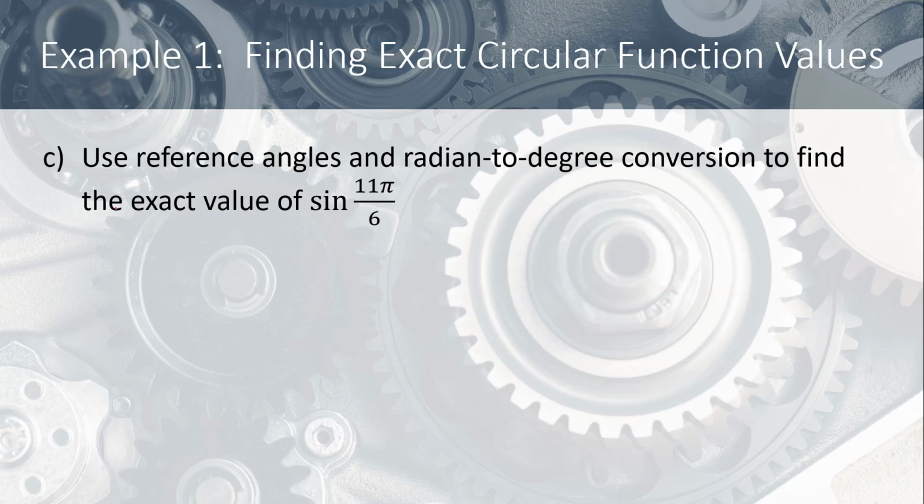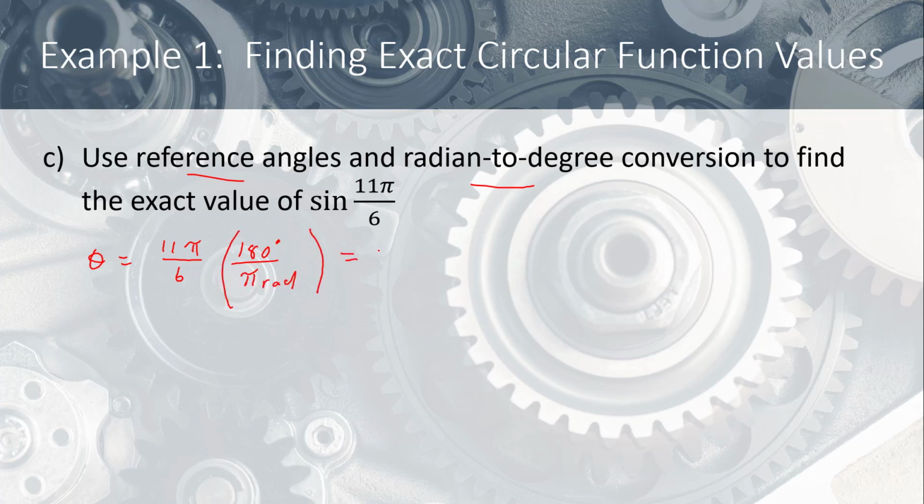And finally, in this one, we want to use reference angles and radian to degree conversion to find the exact value of sine 11 pi over 6. So let's first use radian to degree conversion. We have theta, which is 11 pi over 6. To convert that to degrees, we need to multiply that by 180 degrees divided by pi radians.